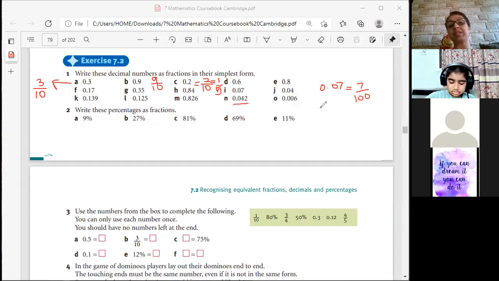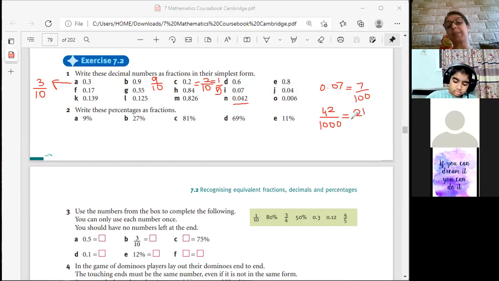0.042, which means it is 42 upon 1000. Correct? Can I reduce it further? Yes, you can. I can reduce it further. I can divide it by 2. When I divide it by 2, what do I get? 21 upon 500.